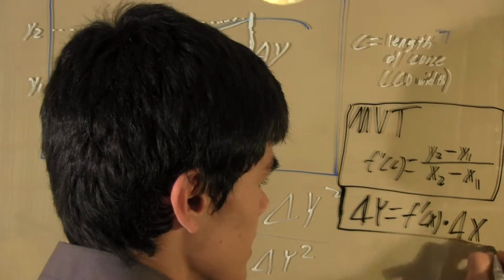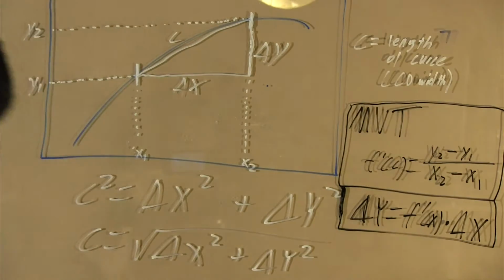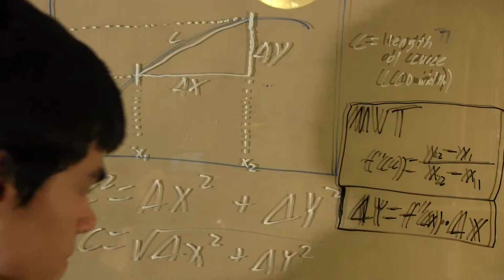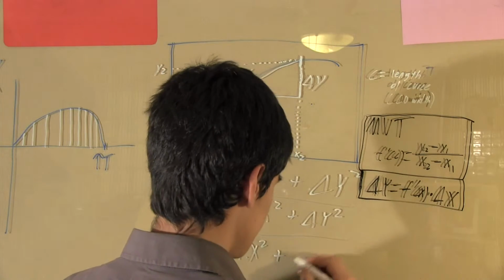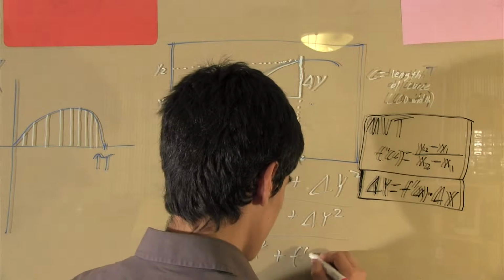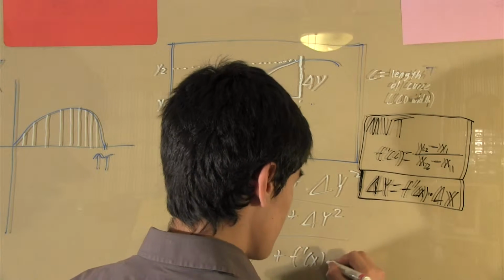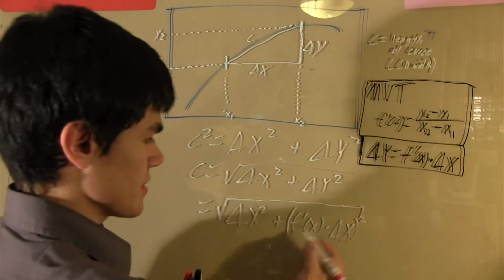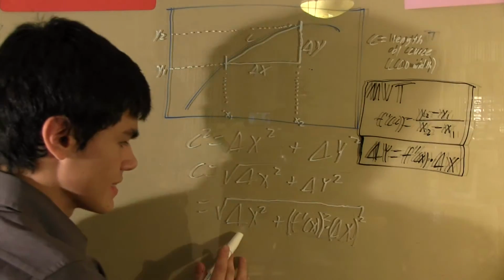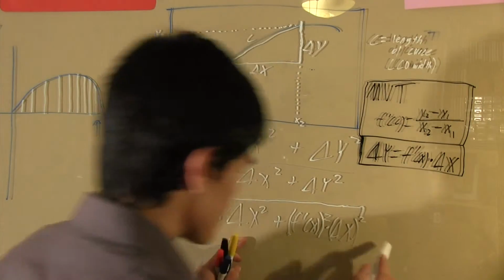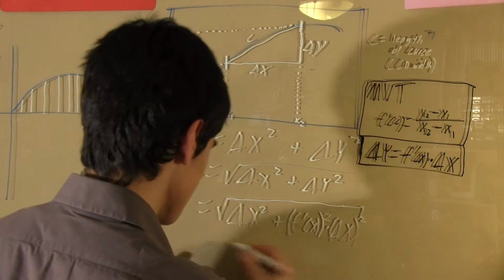And this is really where the beauty comes in. This is really the crux of it all right here. Because when we rewrite this, using our definition here, plus f prime of x times delta x, and remember that it's squared because our delta y is squared. Well, look what we can now do. We can take a delta x squared out of this whole thing, and that is phenomenal because look what happens.